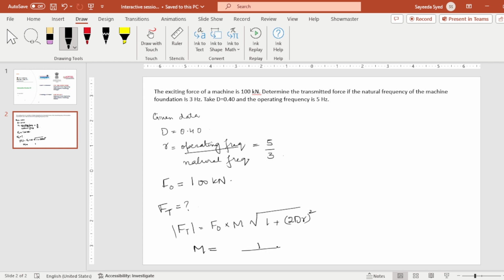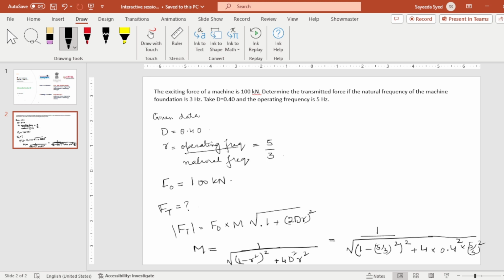So if we calculate M, it equals 1 over the square root of (1 minus r square) square plus 4 D square r square, which will be 1 over the square root of (1 minus (5 by 3) square) square plus 4 into 0.4 square into (5 by 3) square.